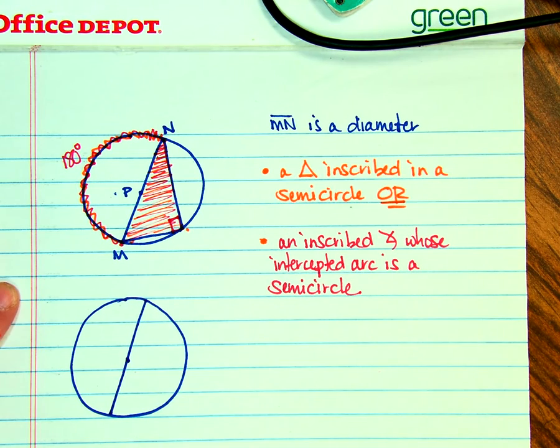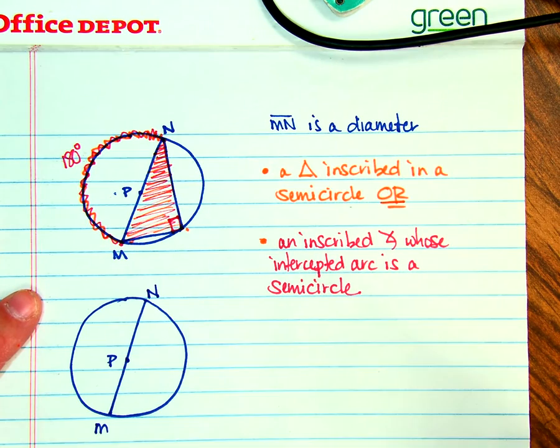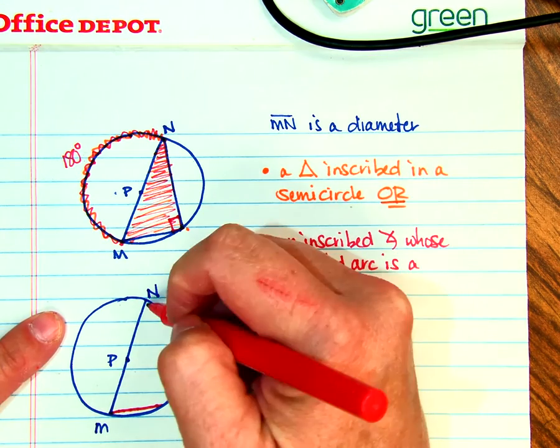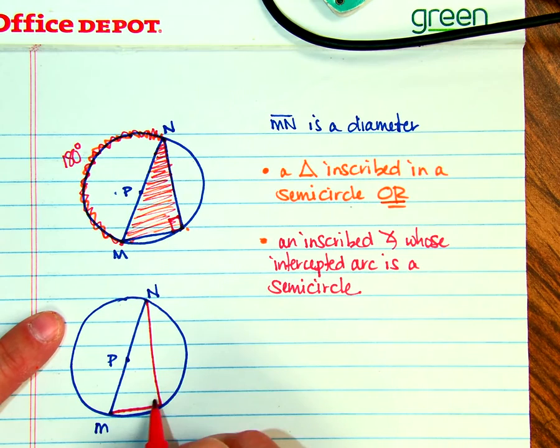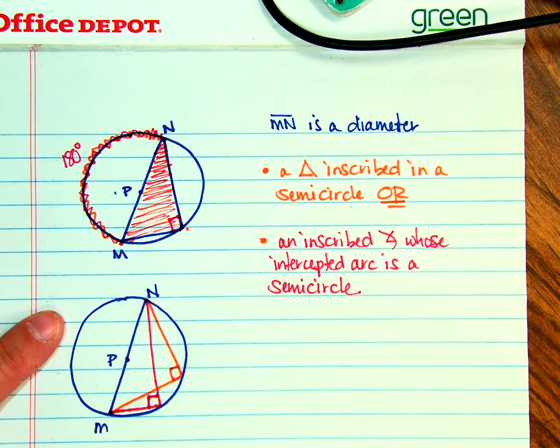So again, we have a diameter. Kind of like what I did on the first. If I have this red triangle, I know that is going to be a right angle. That would be a right angle.